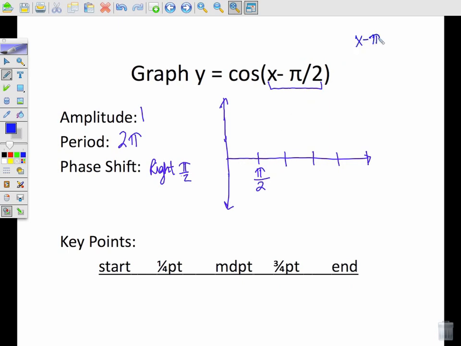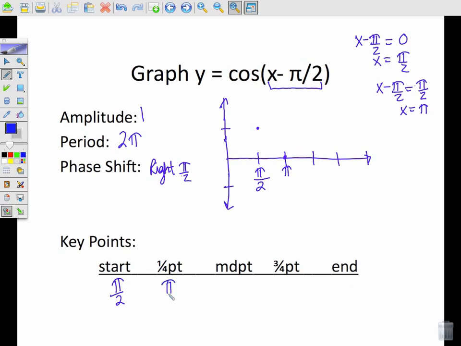And what you can do is go x minus pi over 2, and you set it equal to where it normally starts, 0, and so this is the initial point, pi over 2. That's my starting point. We're just going to do a couple of these, and then you do x minus pi over 2 equals pi over 2, which would tell us where the first quarter point is, so that is equal to pi. So I know my next mark is pi, and cosine starts at 1, then it hits the x-axis.